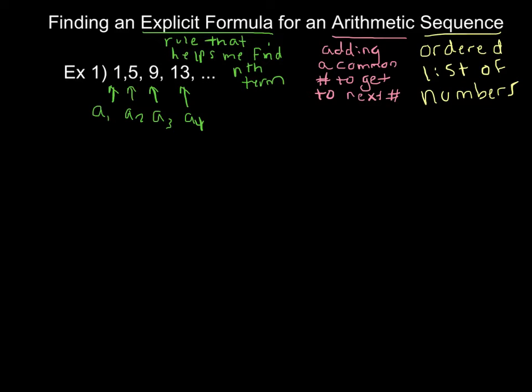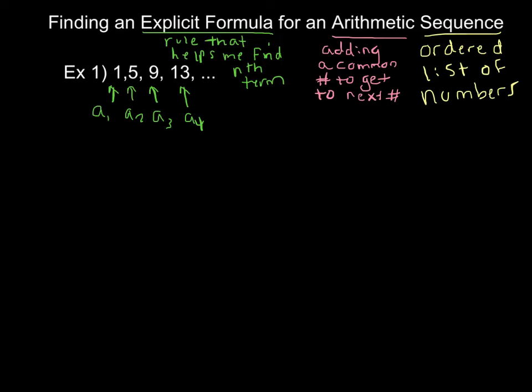I can see the first 4 here, but if I want the 20th, I don't want to have to keep listing them and extend the pattern. I want to have a formula for my convenience.